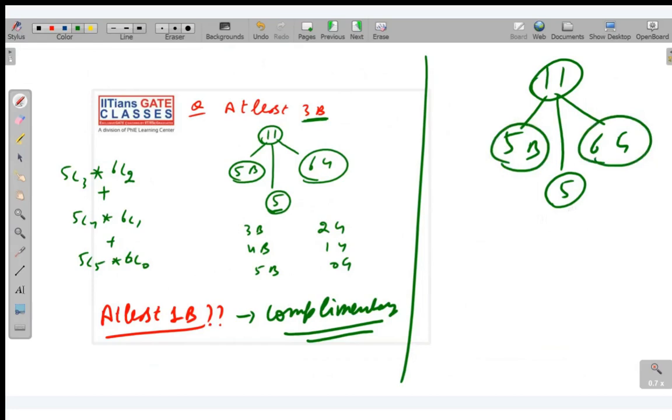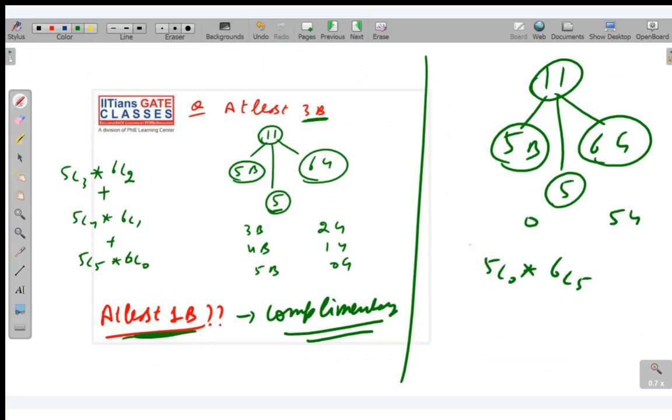At least 1 boy, so you take 0 boys, and you will take 5 girls. So how many ways? 5C0 multiplied by 6C5. These are the ways to pick 0 boys and 5 girls. So this is the way for the complement of this.